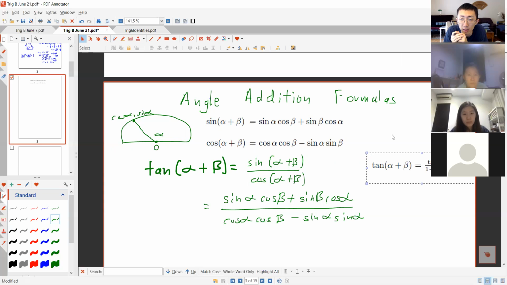So how can we get our expression to look more like tangents instead of sines and cosines?